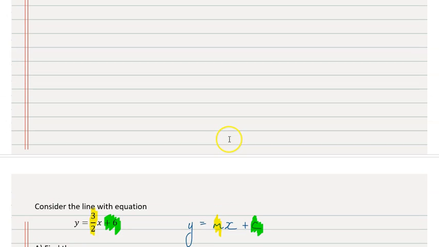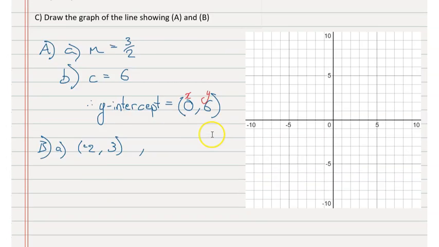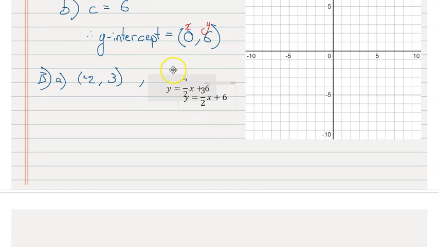And recalling our equation was y equals this guy. Now, the way in which we can check whether this point lies on the line is if we substitute the value of x as negative 2 into the x here, and then evaluate the expression. If this point lies on this line, then the result should be 3.